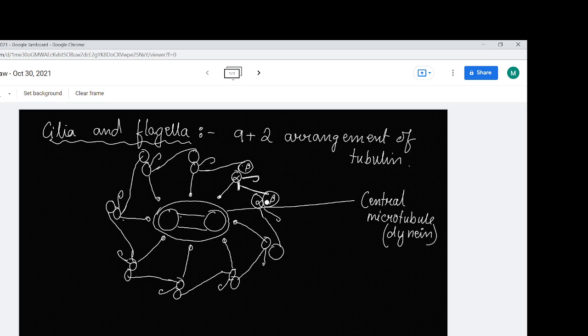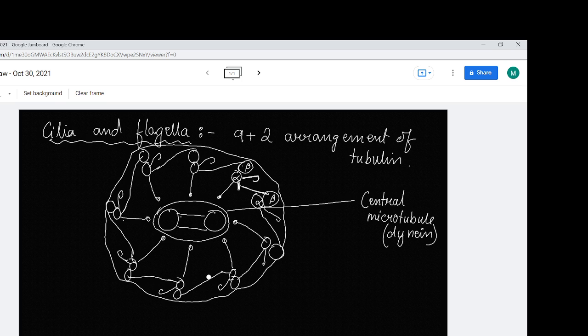So the inner arm is attached to beta and the outer hook will remain suspended like that. Then around this structure there will also be a sheath, a membrane covering, outside the 9+2 arrangement as well.